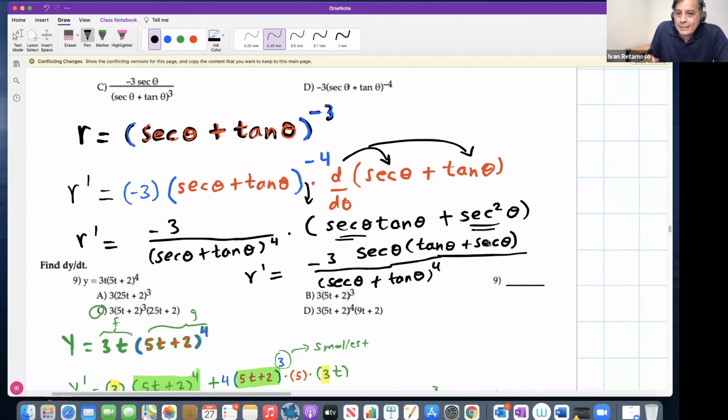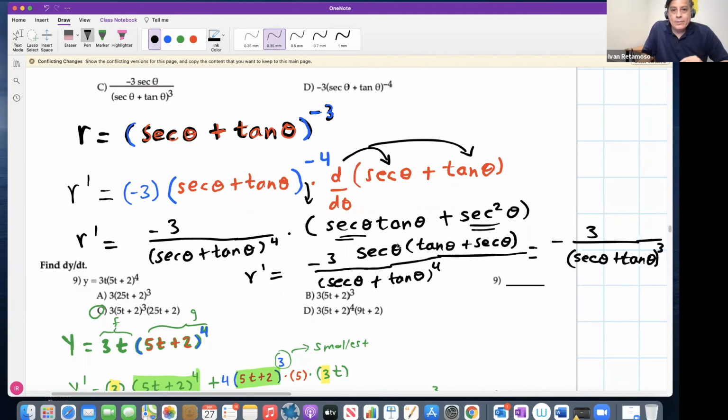Notice that this is tangent of theta plus secant of theta, this is tangent of theta plus secant of theta raised to 4 power. Simplifying these two, you will get the following: minus 3 on the top, and on the bottom, this secant of theta plus tangent of theta raised to 1 less, right? 1 less, because 1 factor was canceled, so raised to a third power.